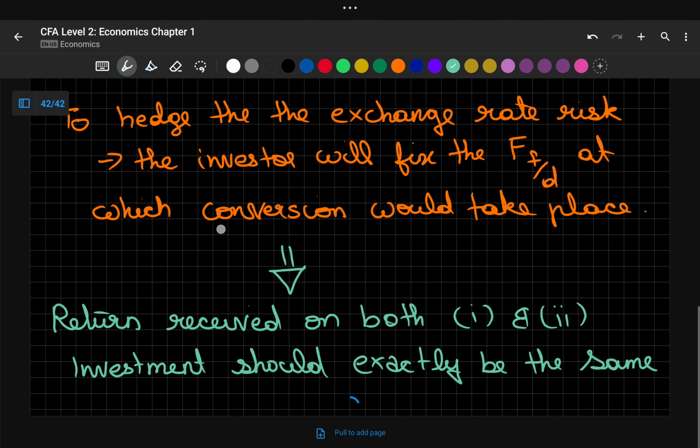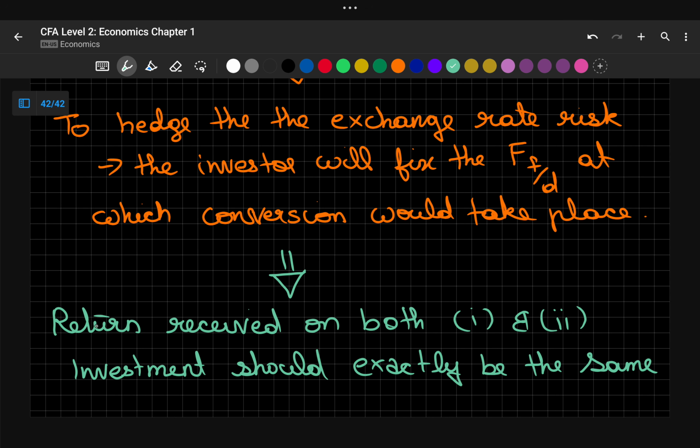That is what we mean by covered interest rate parity. Whether the investor invests in a domestic money market instrument or in a foreign money market investment, both investments should give exactly the same return for covered interest parity to hold.